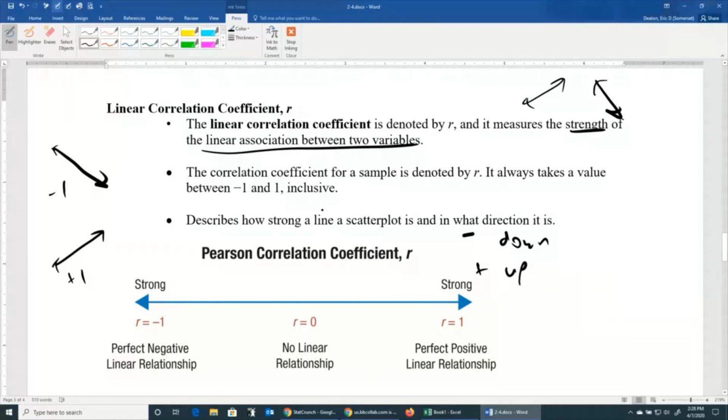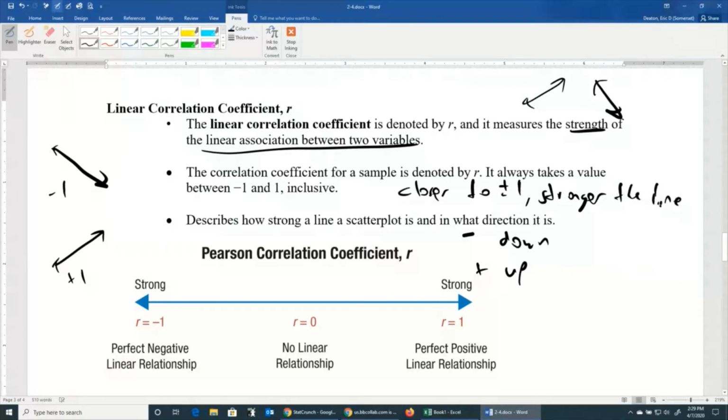The closer to 1, the more of a line it is. So 1's the key. The closer to 1, the closer to the line. Closer to plus or minus 1 means a stronger linear relationship.